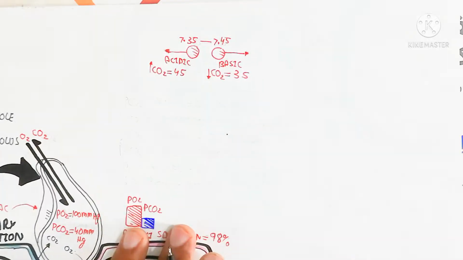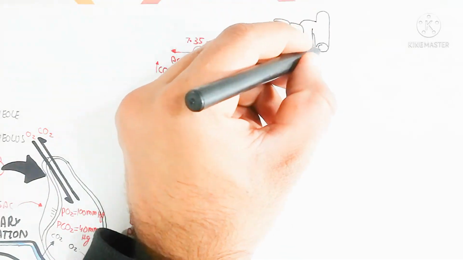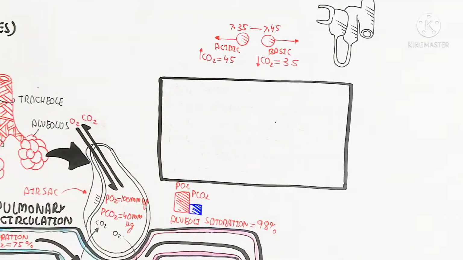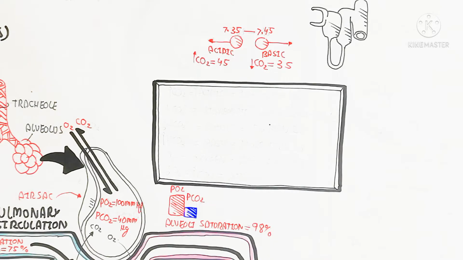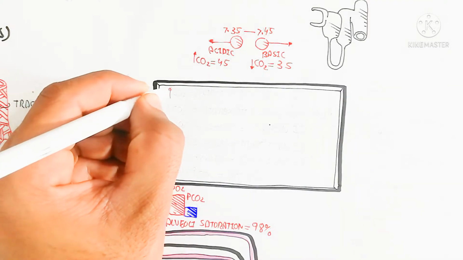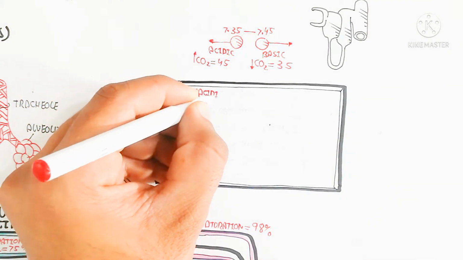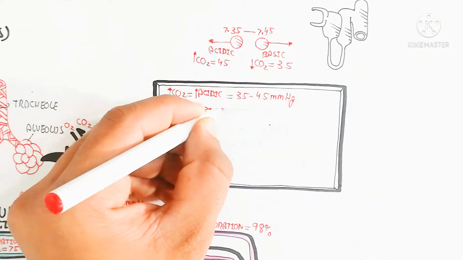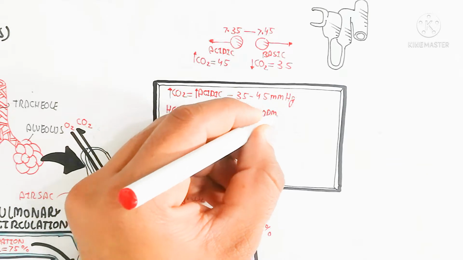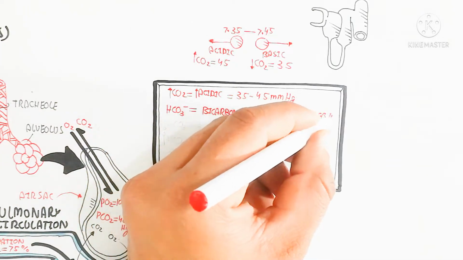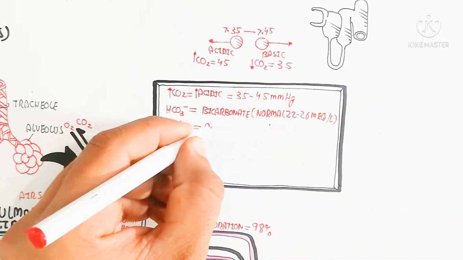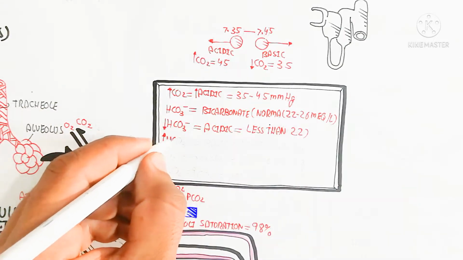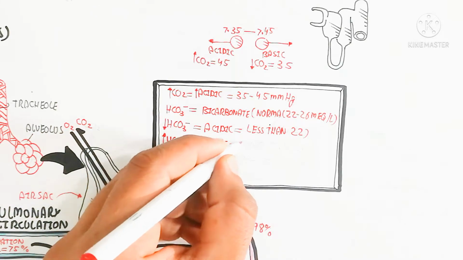Hypoxia means a low level. Here the left side is acidosis or acidic nature, because the carbon dioxide will be increased, while the right side, at 7.45, is basic, and carbon dioxide will be 35 millimeters of mercury. The carbon dioxide increases toward acidic, and normal is 35 to 45 millimeters of mercury.